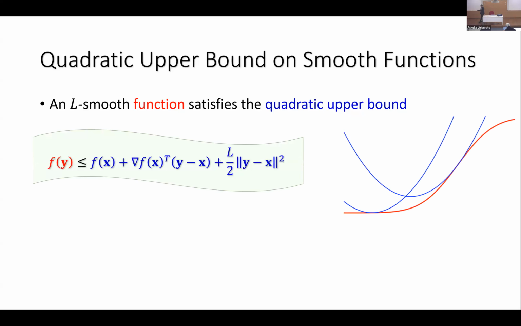This is the kind of upper bound: f(y) is less than or equal to f(x) plus gradient of f(x) transpose (y minus x), plus L by 2 times the norm of y minus x squared. It looks very much like a Taylor series, but the last term is different. The last term is an upper bounding term. So at every point there is an upper bound, and its slope depends on x and y, but its curvature L is fixed.